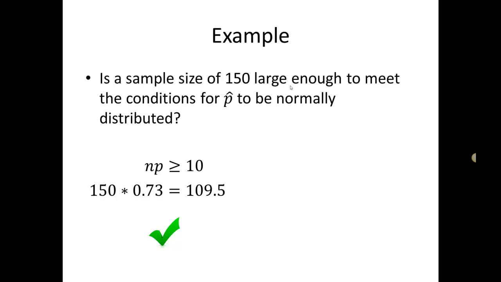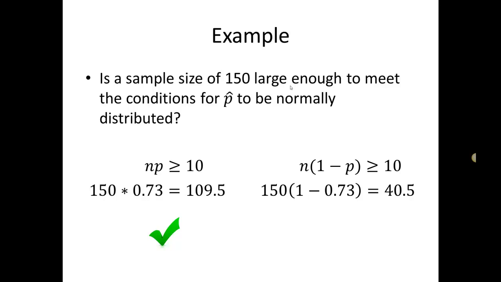Also, we have to have n times 1 minus p greater than or equal to 10. Both of these conditions have to be met in order for the sampling distribution to be normally distributed. So again, we end up with 150 times 1 minus 0.73, which gives us 40.5, also larger than 10. So yes, the conditions are met and our conclusions are valid.